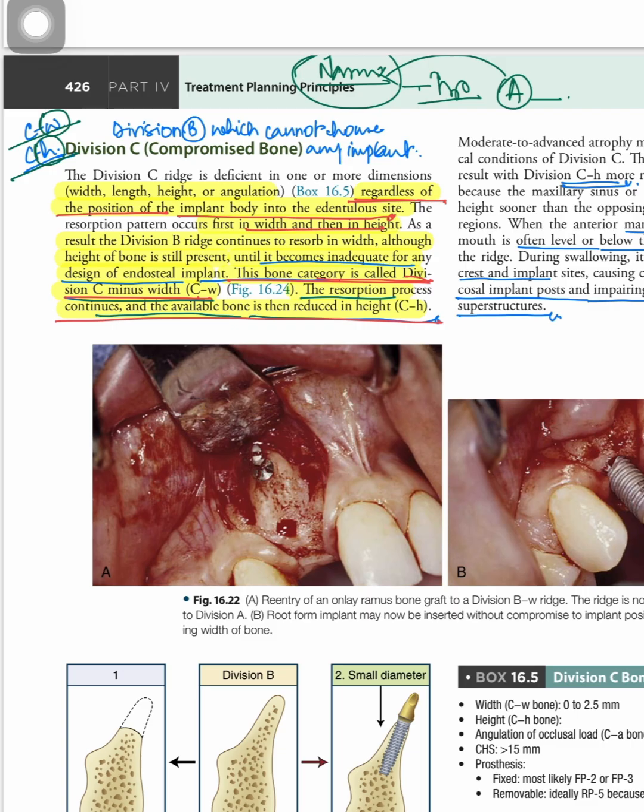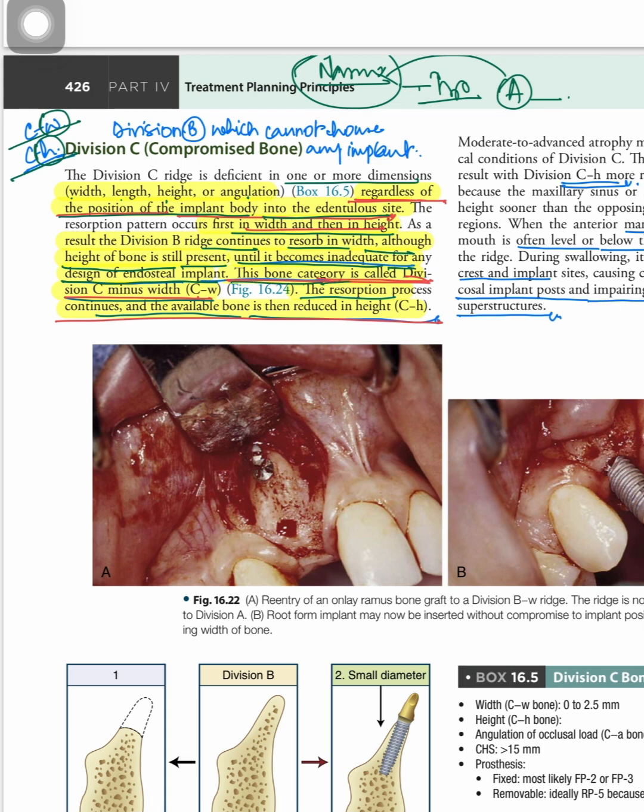Division C ridge is deficient in one or more dimensions: width, length, height, or angulation, regardless of the position of the implant body in the edentulous site. That's what I spoke of. The resorption pattern occurs first in the width and then in the height. As a result, division B ridge continues to resorb in width, although height of the bone is still present, until it becomes inadequate for any design of endosteal implant to accommodate.